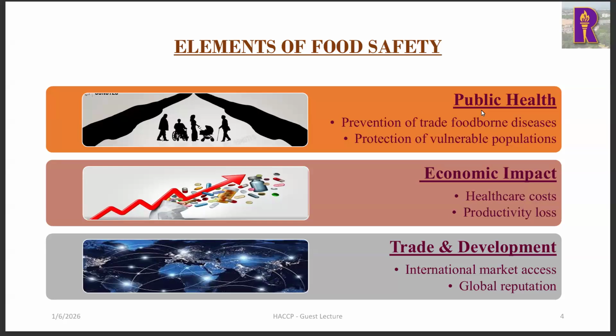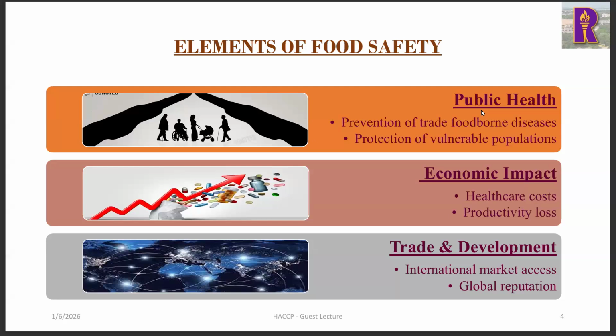In the same way, there is productivity loss inside the food manufacturers. So these are inversely proportional elements. That is, when the economic growth depends upon the food safety, it also depends upon the healthcare system. And finally comes trade and development.